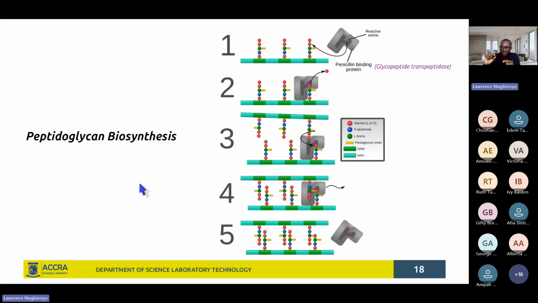So we see that the glycan chain is represented with these teal and green bars, so that the teal color refers to N-acetylglucosamine and the green refers to N-acetylmuramic acid. And so you see the alternation. You have N-acetylglucosamine, then the green comes N-acetylmuramic acid. Then you have N-acetylglucosamine, you have N-acetylmuramic acid in that order. So you have that chain.